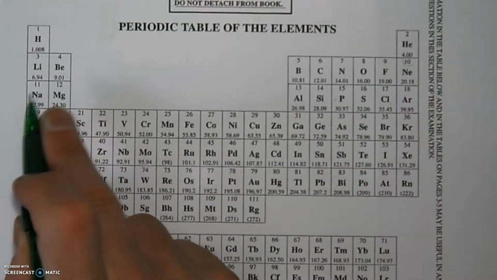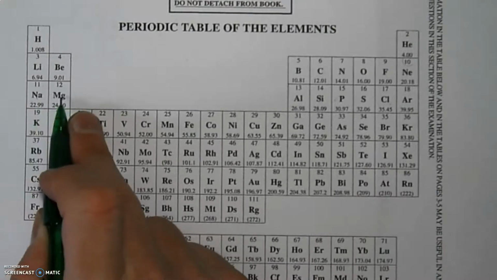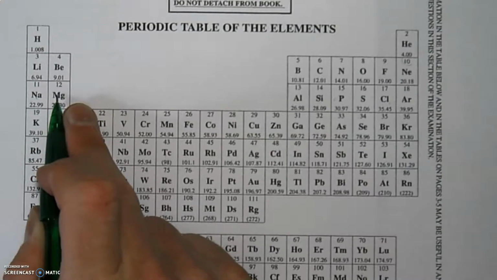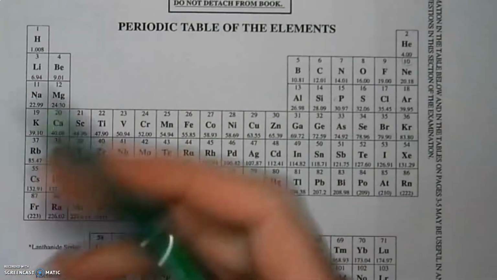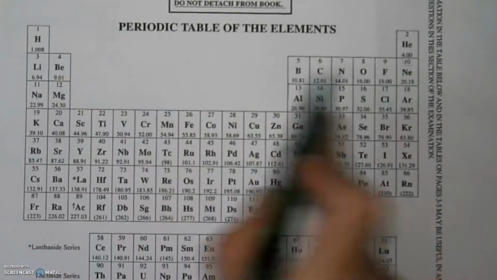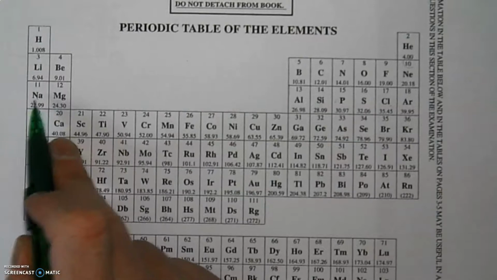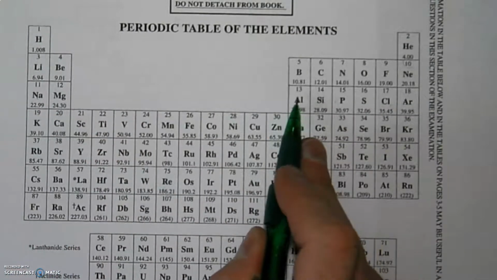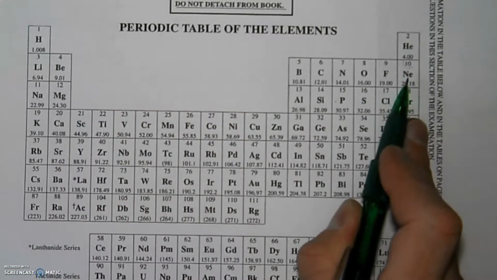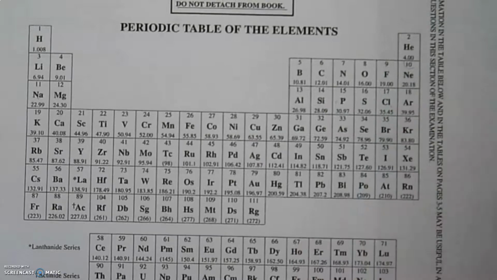Magnesium can lose 2 relatively easily, but to lose the third electron from magnesium is very difficult because again, less shielding. Aluminum can lose 3 relatively easily. It will not lose the fourth because again, it's in the shell closer to the nucleus and it has less shielding. And that's the way it'll work.